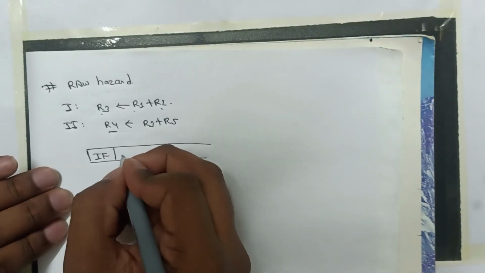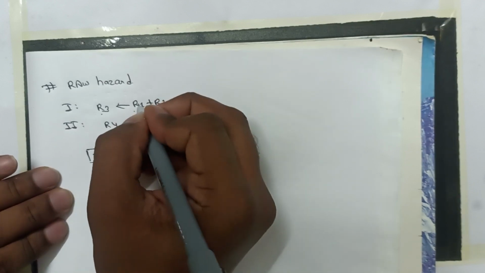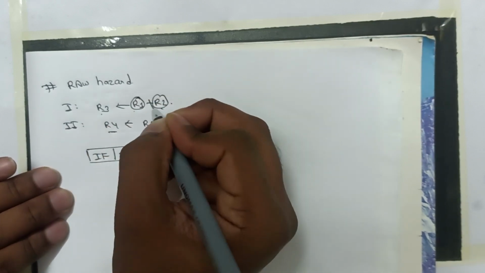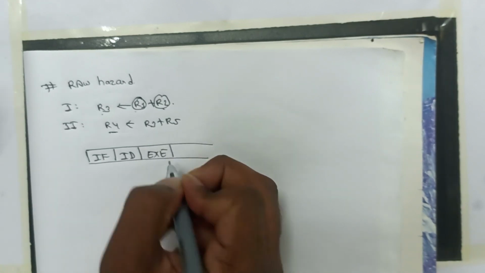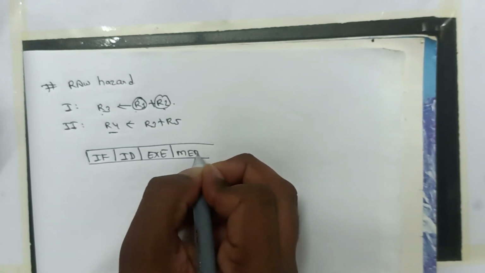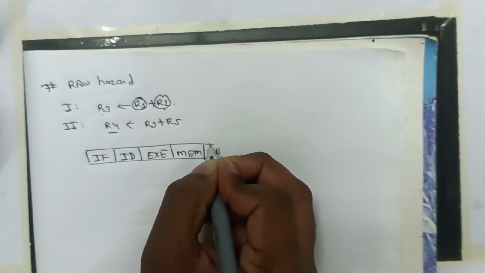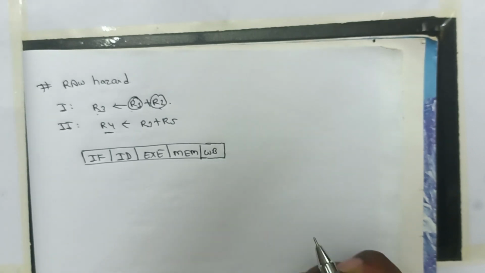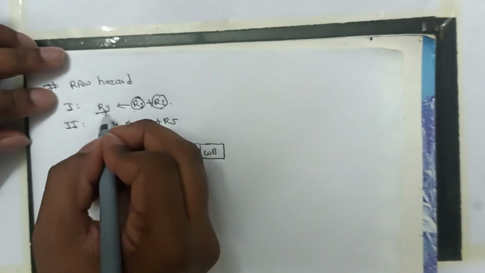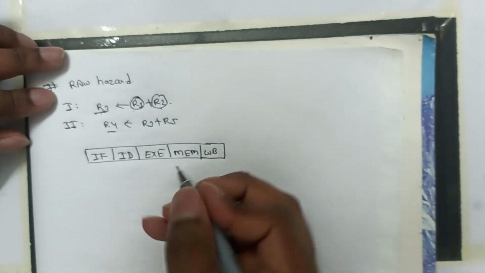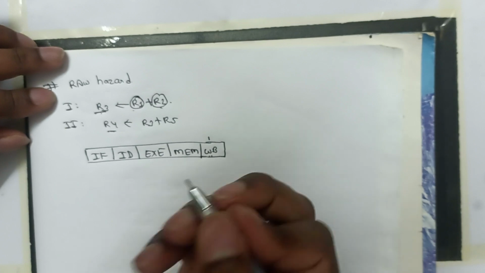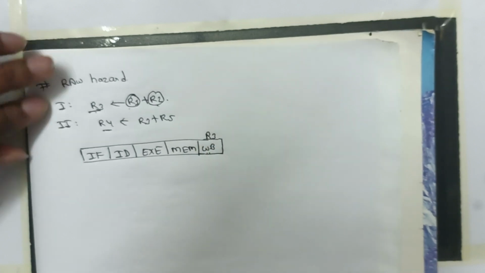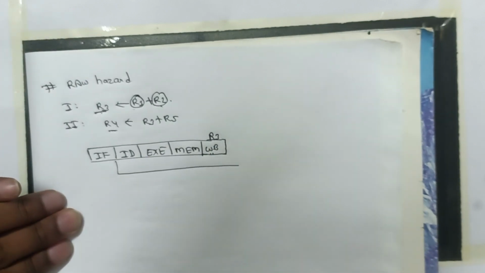Second is decode. Decode means taking the value of R1 and R2. And third is execution. Fourth one is memory, and fifth one is write back. I told you the value of R3 is obtained in the write back. It means in the write back we get the value of R3. Let's see.